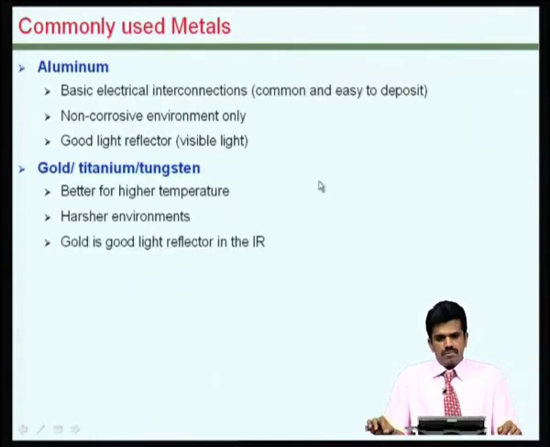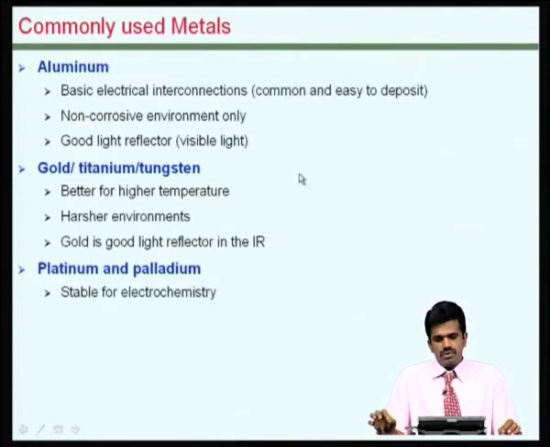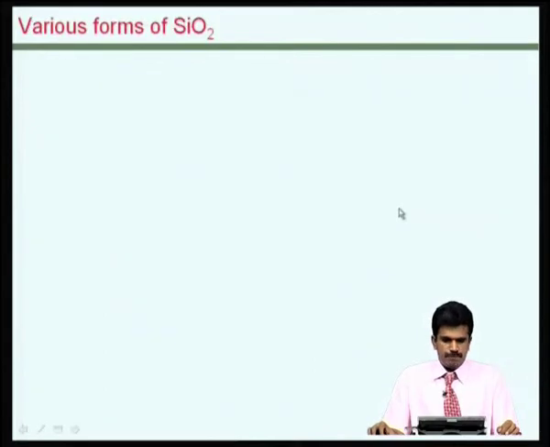Another common example is gold, which usually requires a sublayer before that. Usually chromium or titanium is used for that purpose. You also come across platinum and palladium in several sensing applications because of their special characteristics.